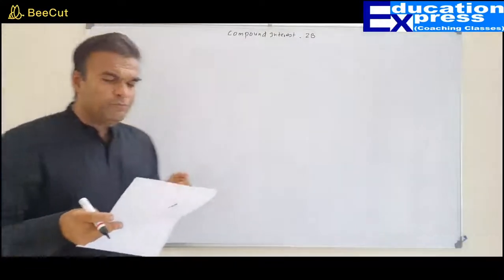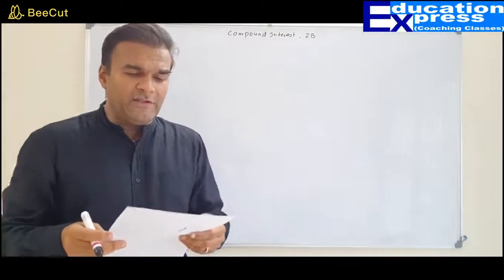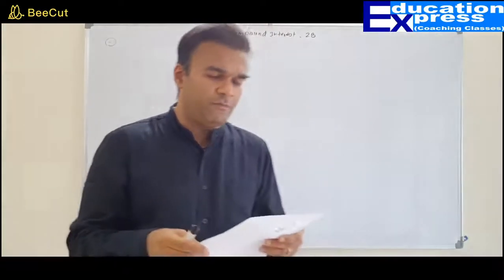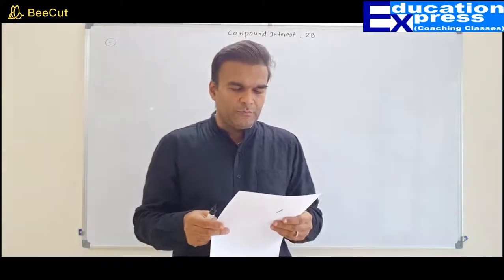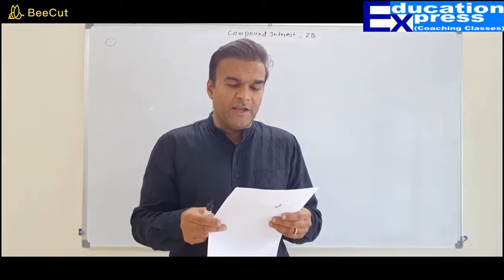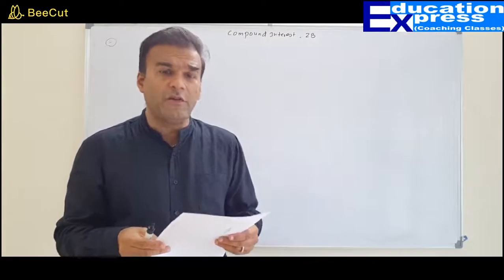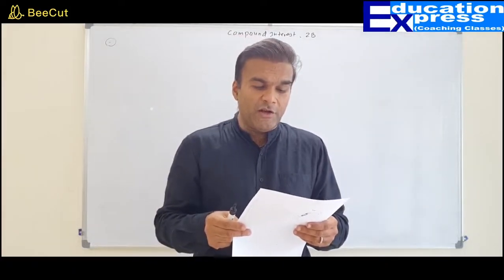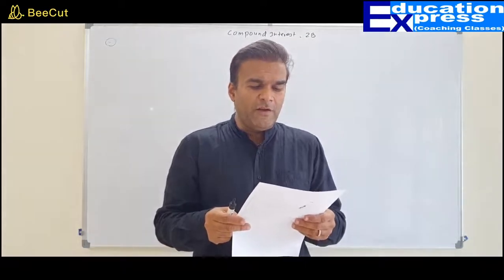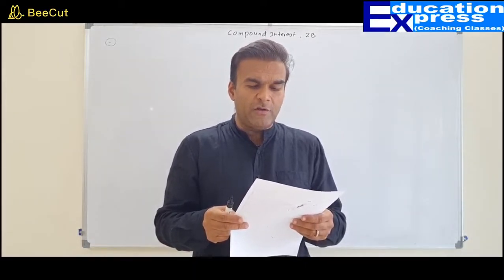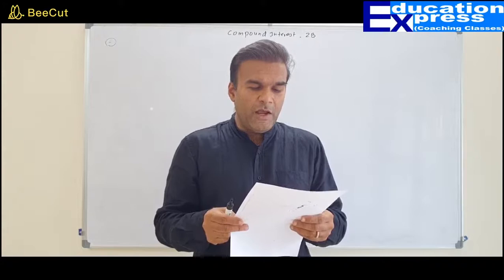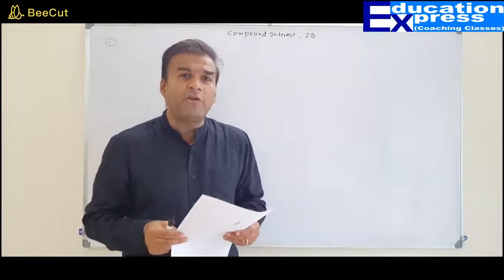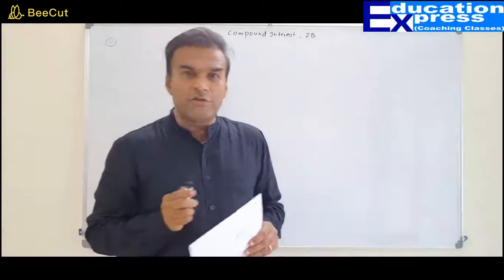Question number 2. A man lends 12,500 at 12% for the first year, 15% for the second year and 18% for the third year. If the rates of interest are compounded yearly, find the difference between the compound interest of the first year and the compound interest for the third year. So the entire question is based on compound interest only.